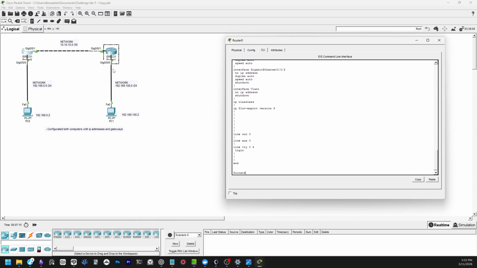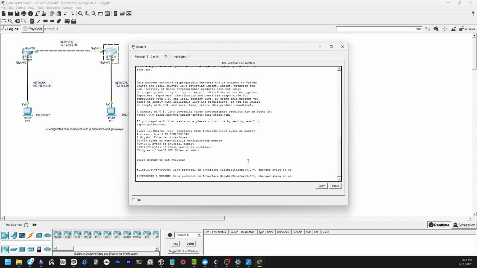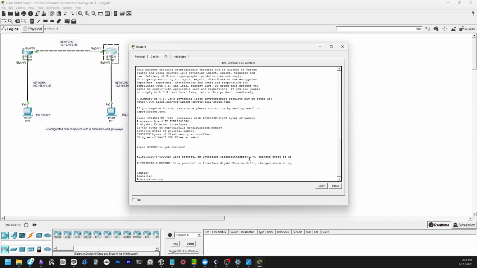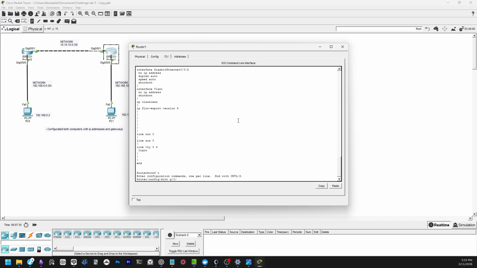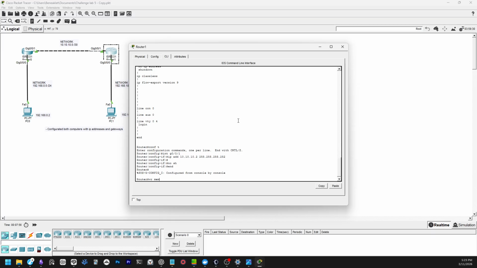So, let's go check router one. Enable. This router doesn't have an IP address, so we're going to do conf t, interface gig 0/0/1, IP address, and no shutdown, which I obviously always do, and then write memory.